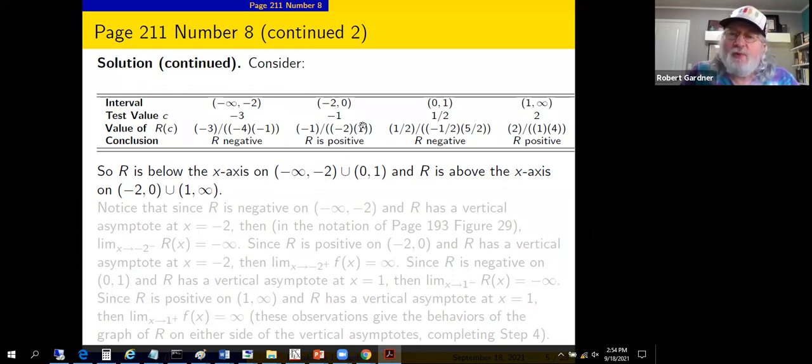I'm going to abbreviate the arithmetic here a little bit. We've plugged each of these C values into function R and computed R of C. Now I haven't simplified in what's written here because I'm ultimately not so much interested in the value as I am the sign of the value. You'll plug in -3, we'll get a -3 in the numerator, and in the denominator, we'll get a -4 times a -1.